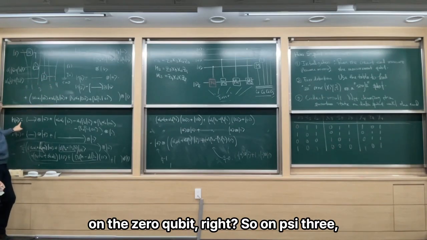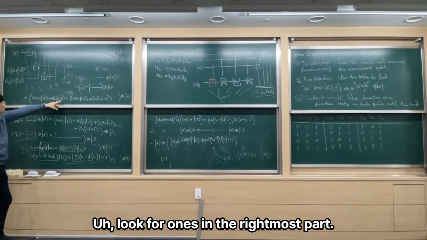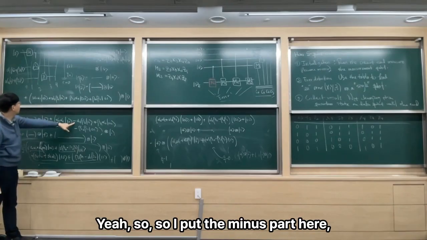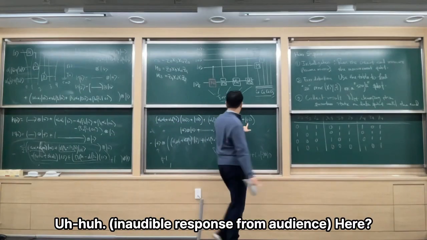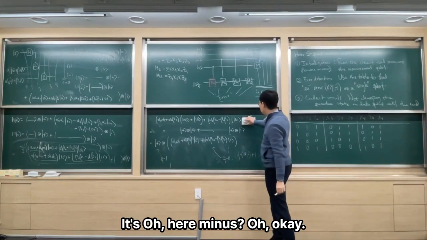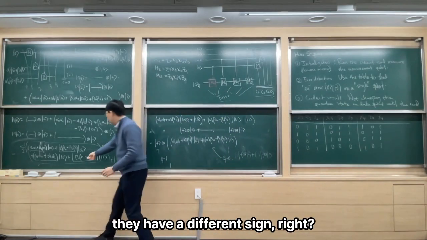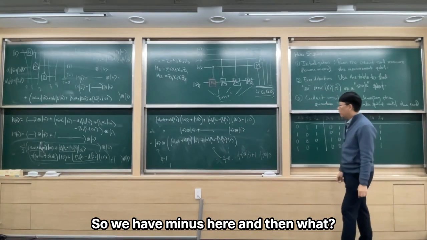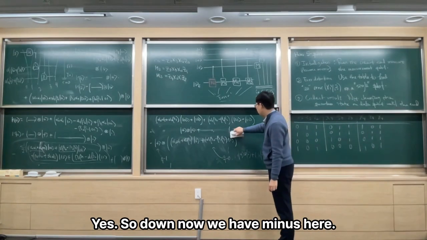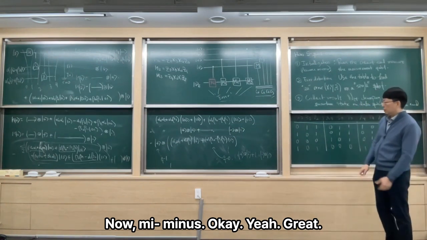So on psi 3, I should look for ones in the rightmost part. Yes. So I might put the minus part here, minus part here. Oh, here minus. Oh, okay. Yes, they have a different sign, right? So thank you very much. So we have minus here, and now minus. Okay. Great.